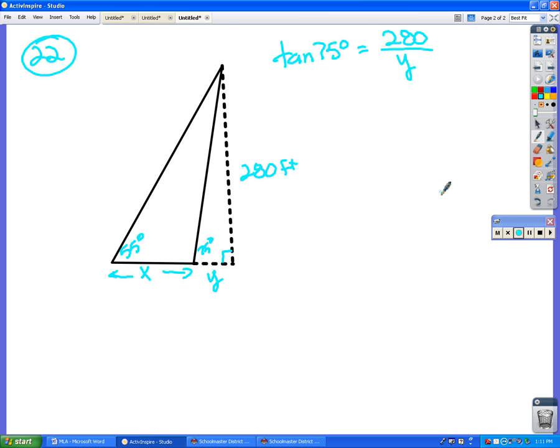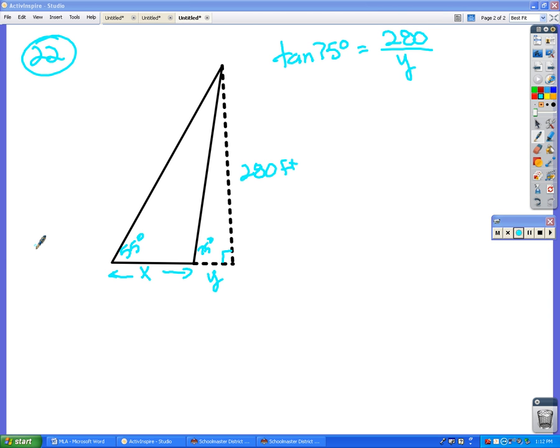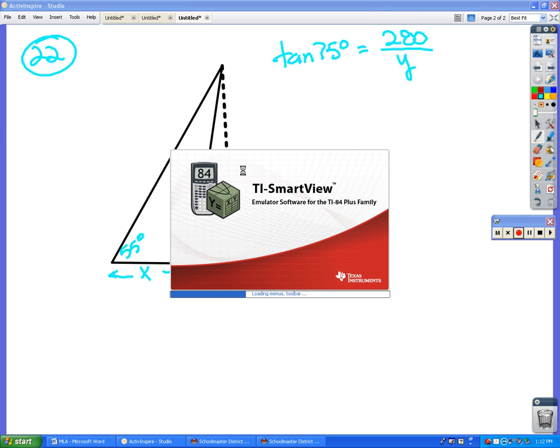Some people are continuing to struggle with when do I multiply, when do I divide, what do I divide by what. One thing you need to be aware of is you have to use some common sense. If the side of this triangle right here is 280 feet, then that other side is probably going to be at least more than 1, right?